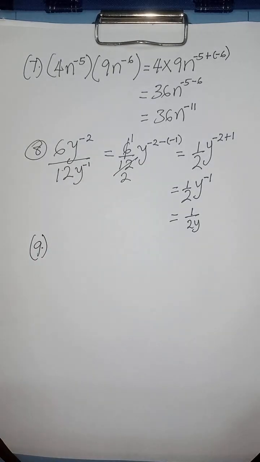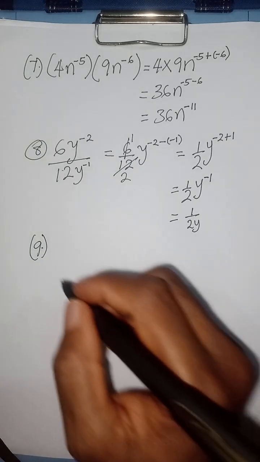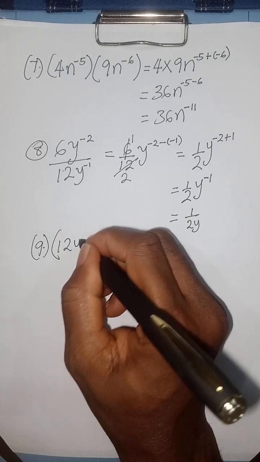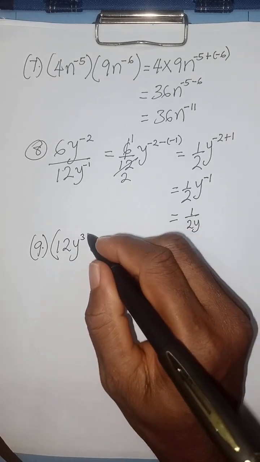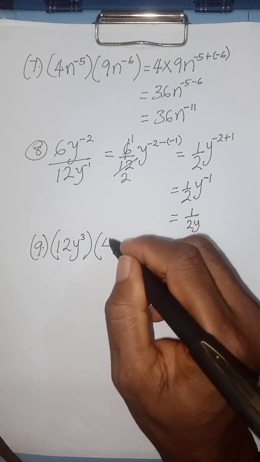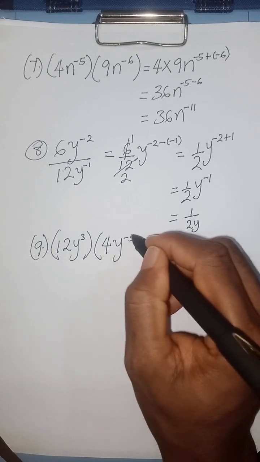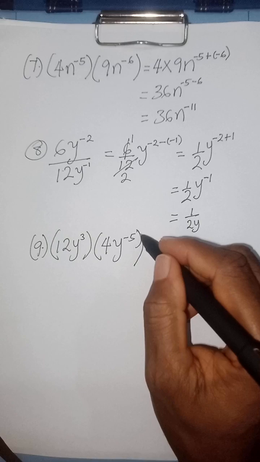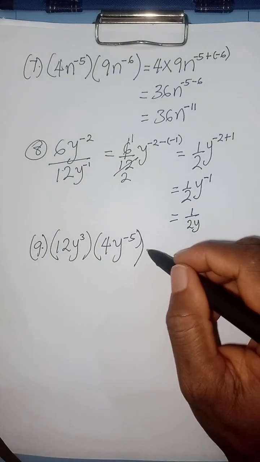Number 9. Number 9 is 12y raised to the power 3, close bracket, open bracket 4y raised to the power minus 5. Multiplication.